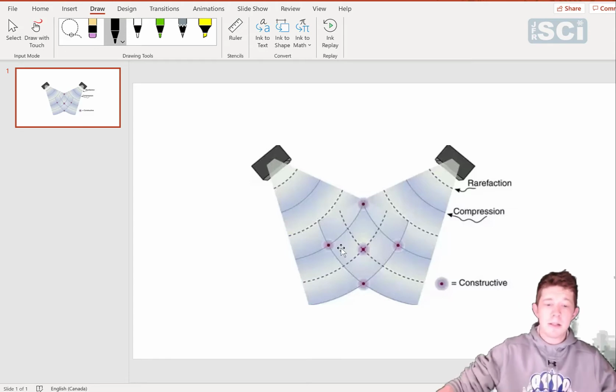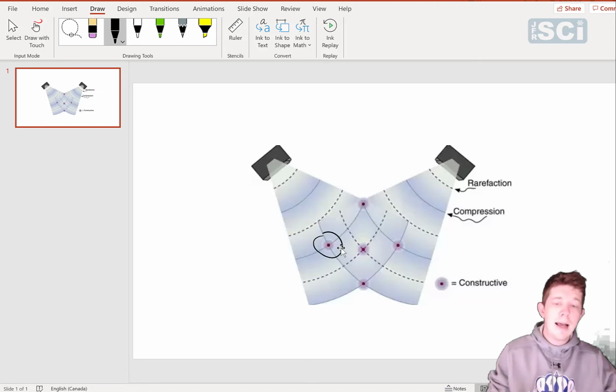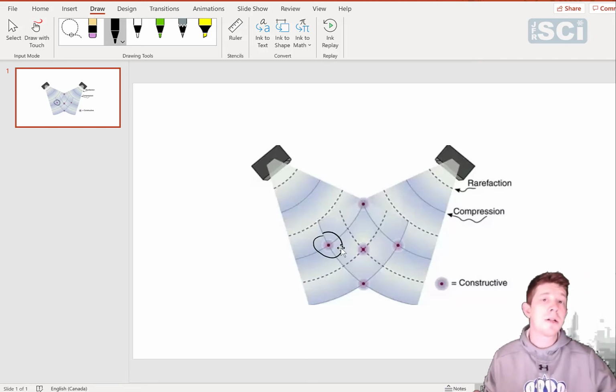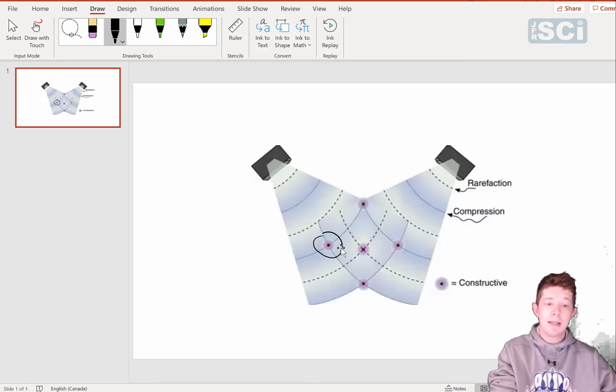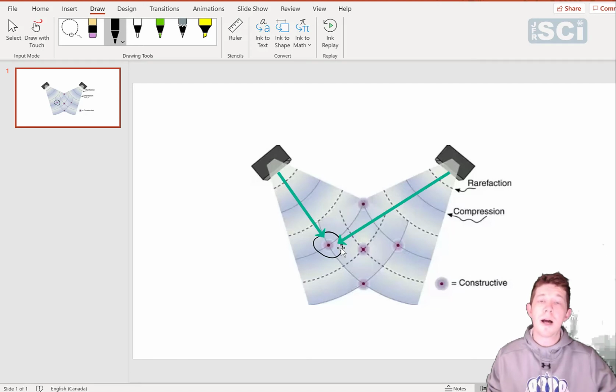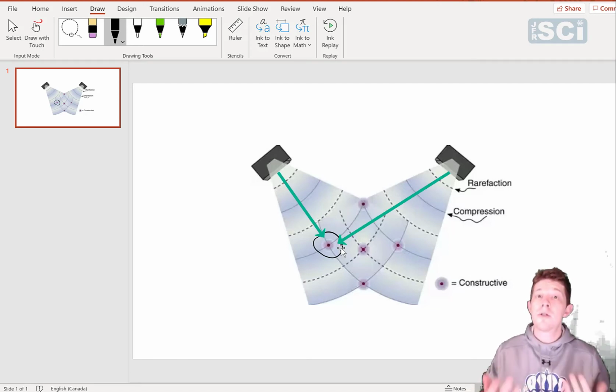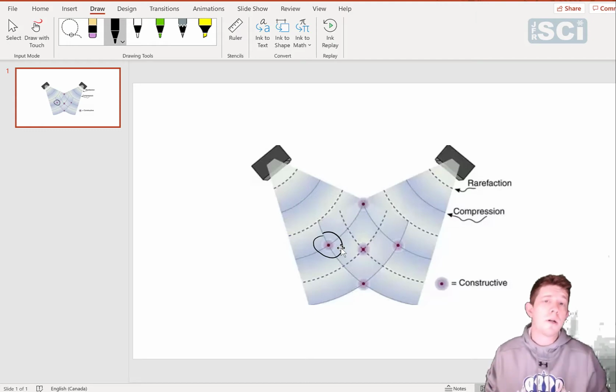If I'm standing at this location right here, I happen to be at an area of constructive interference because the compression from this left speaker is going to meet a compression from the right speaker. And we know when two compressions come together, you get constructive interference. So the sound is going to sound a lot louder at that spot.